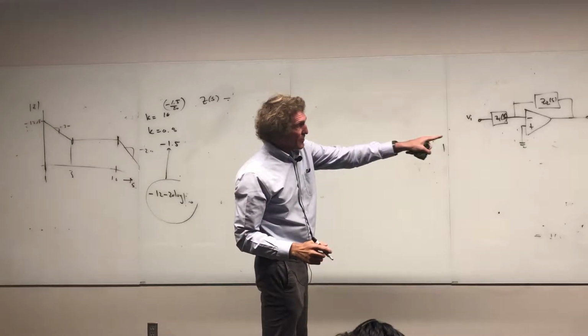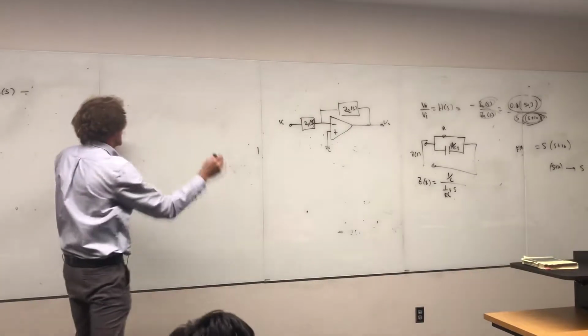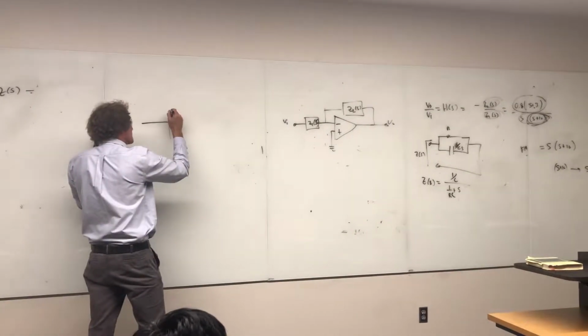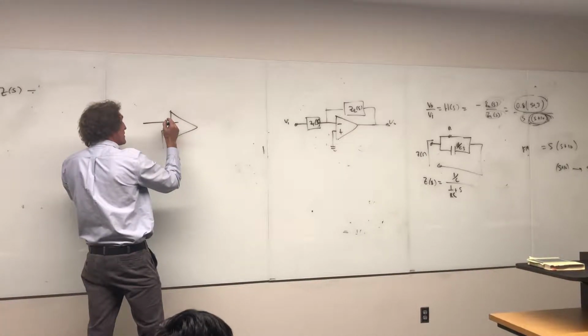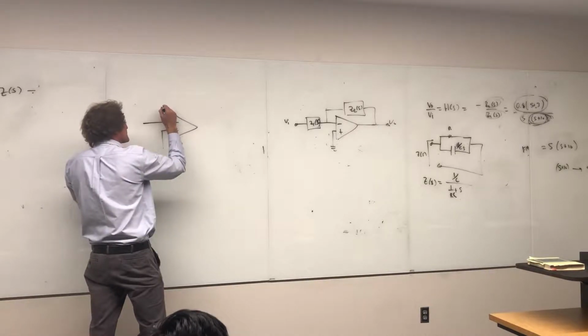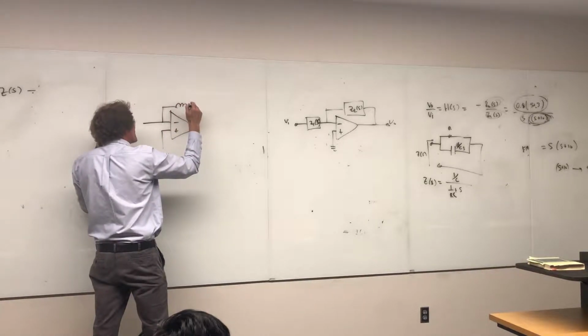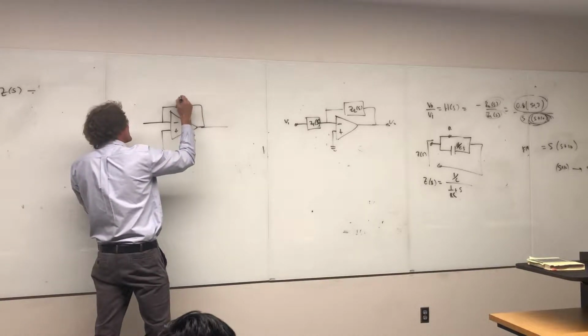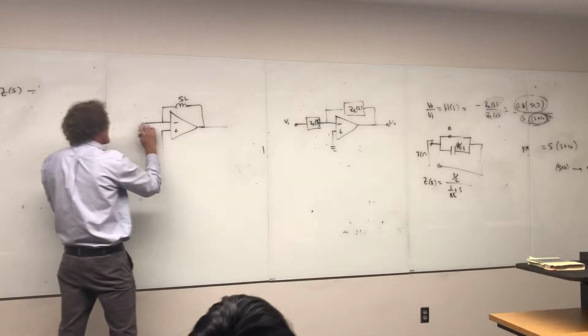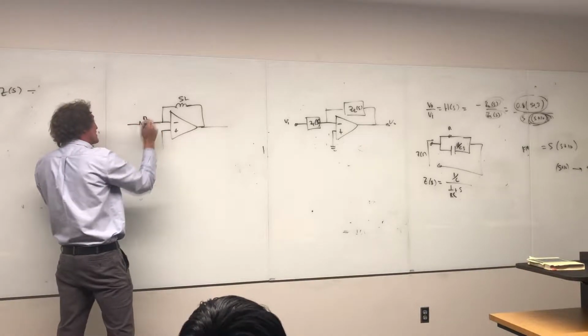If I wanted the second one, S times S plus 10, watch this. If we have this, this is one way to do it. Actually, I don't like using inductors, but I'm going to this time. This has an impedance of SL, right? Then we use an R here.